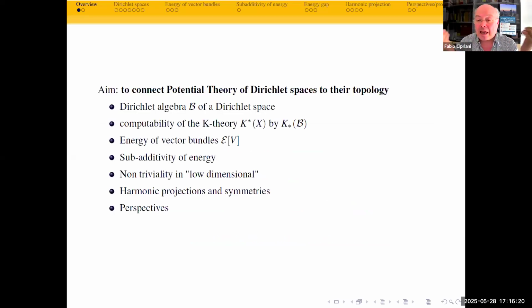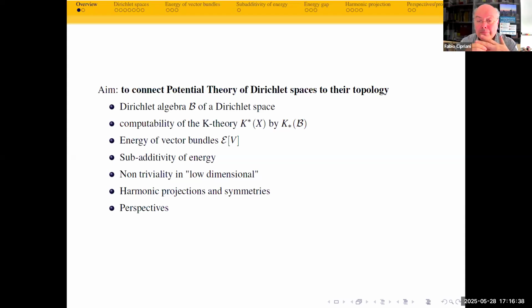And this will be done using some ideas of potential theory in the form of energy spaces, so energy functionals.